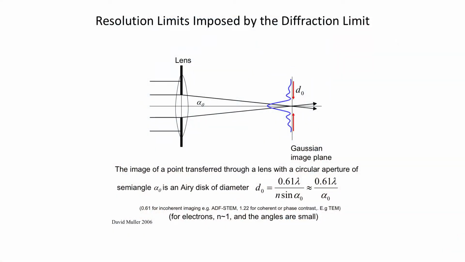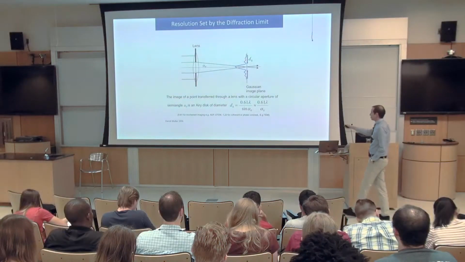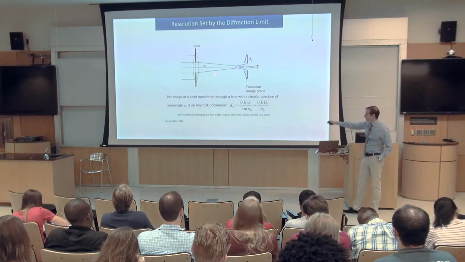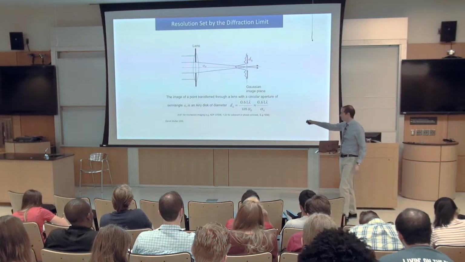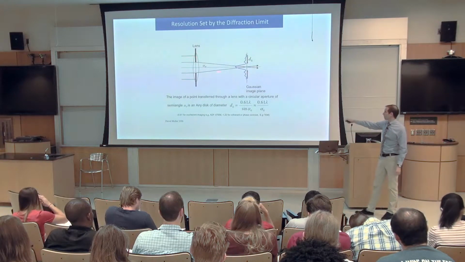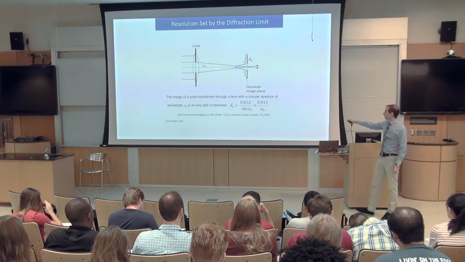All right, so what defines the shape of those airy disk patterns I just showed? That's set by the convergence angle of your lens, the size of your aperture. We saw that the Fourier transform of a circle disk gives us a shape like this. Right?